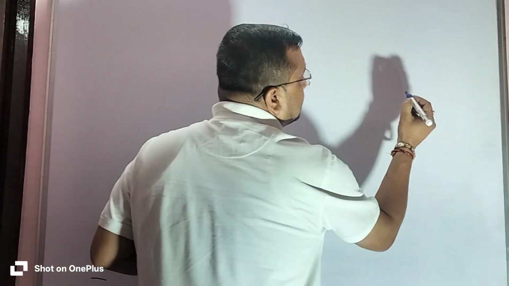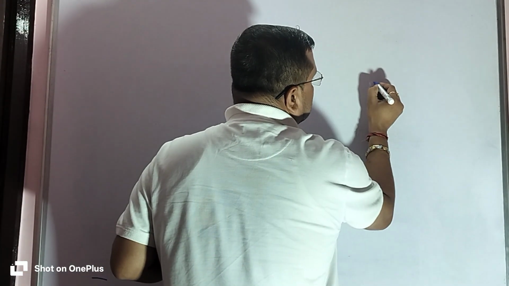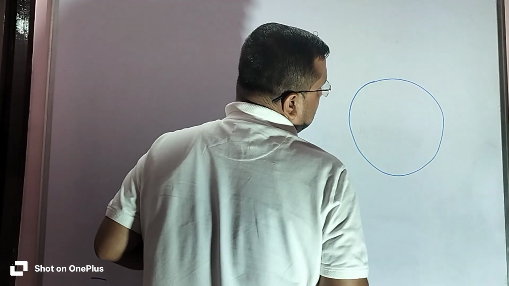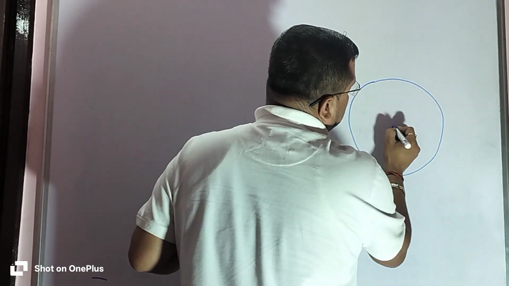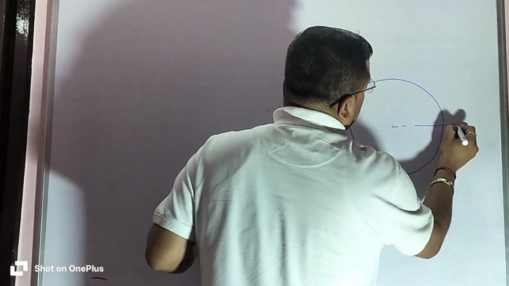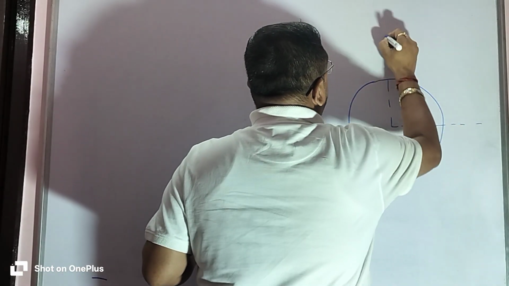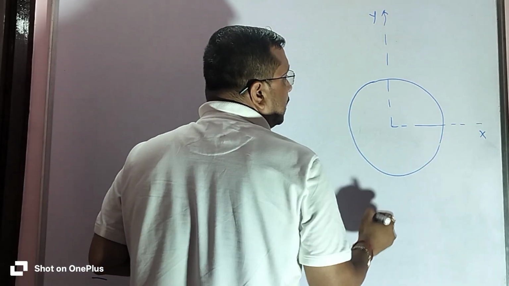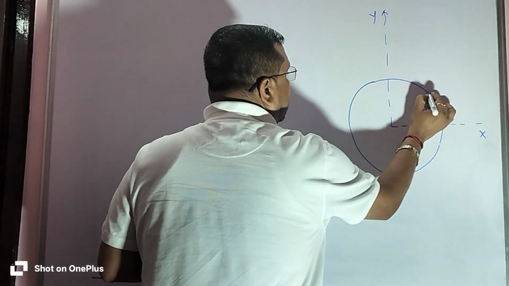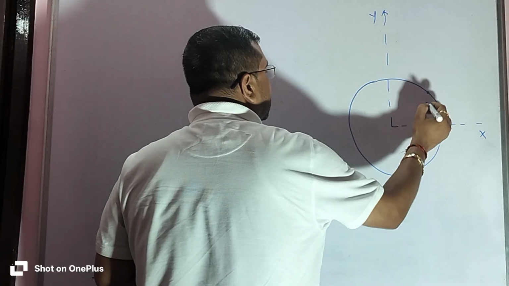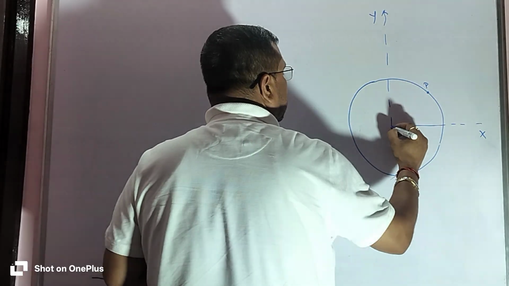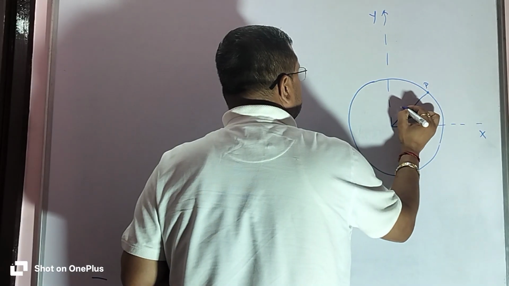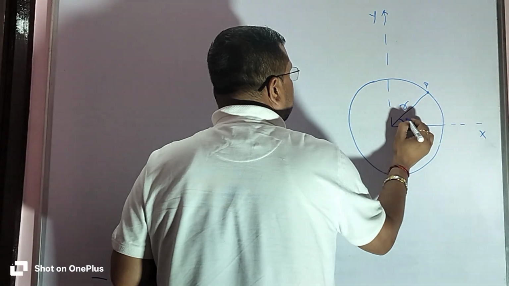Let's suppose a circular path. Suppose this is a circular path, and we denote the y-axis, x-axis as usual, and suppose at any instant of time the particle is at this position P. So this is the radius R, and suppose it makes an angle theta.